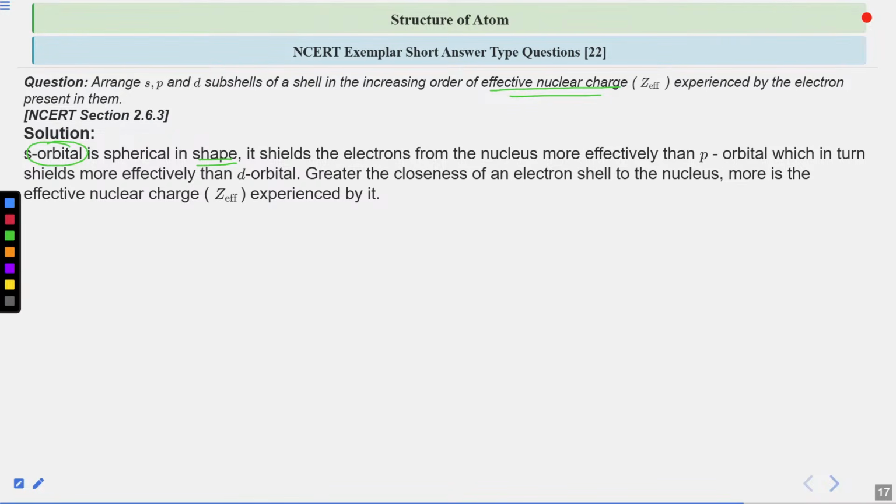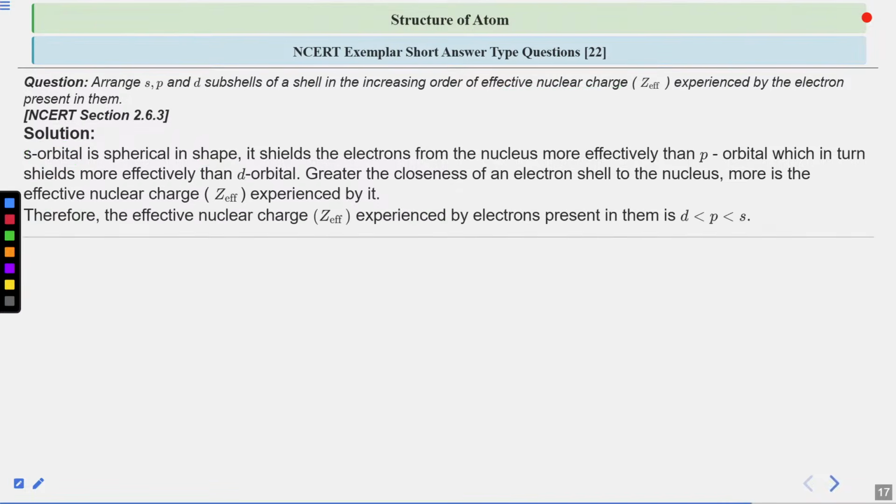I am again repeating this very important statement: since the S orbital has the least energy, it was experiencing the greatest attraction force due to the effective nuclear charge, and as a result its energy was decreasing. So we can write the order as greatest for S, then P, and lastly D.